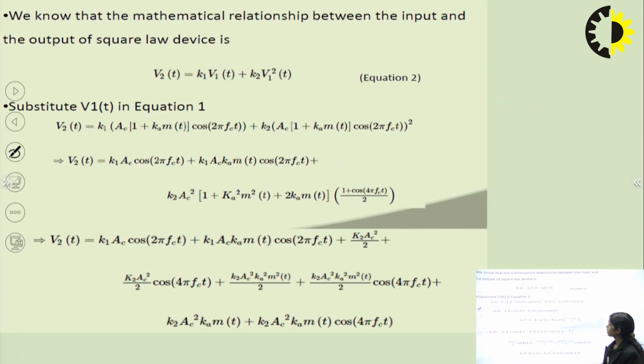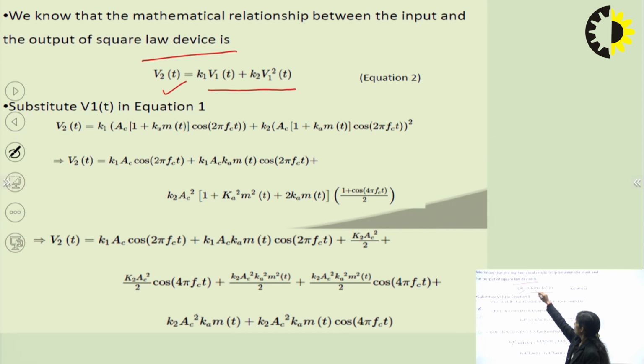Now after this, if we pass it through the square law device, the second equation V2t, as I already told you, this device performs the squaring operation in this equation form: K1 V1t plus K2 V1 square t. If we substitute the V1 value here and solve this mathematical equation, we will obtain this set of components.